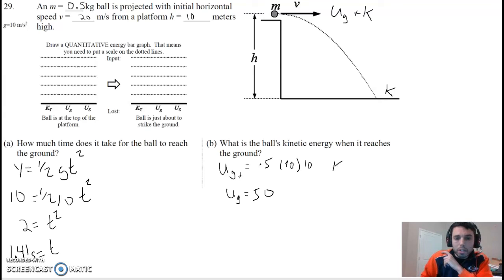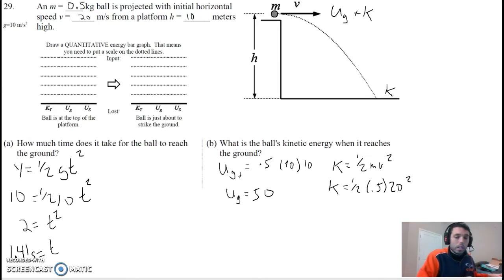And what about kinetic energy at the top of the building? It's 1/2 mv squared. Mass is 0.5. Velocity initially was 20. Square it. So we plug that into our calculator, and we're going to get 100.